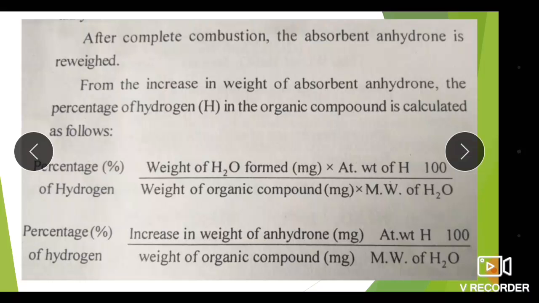So what is the procedure for the estimation of hydrogen in the given organic compound? Firstly, take a semi-micro sample, that is 10 to 100 milligram, of the organic compound containing hydrogen, weigh it in a platinum boat, place it in the combustion tube, and combust it at about 700 to 800 degrees Celsius in the presence of copper oxide catalyst and oxygen.